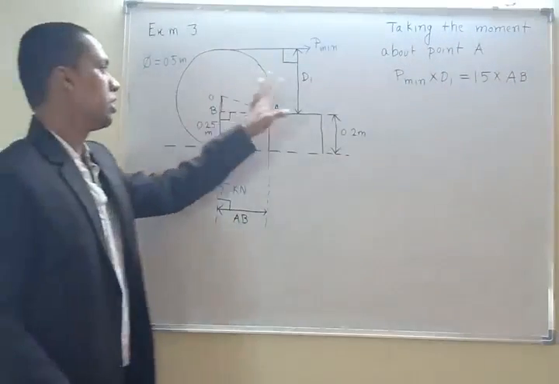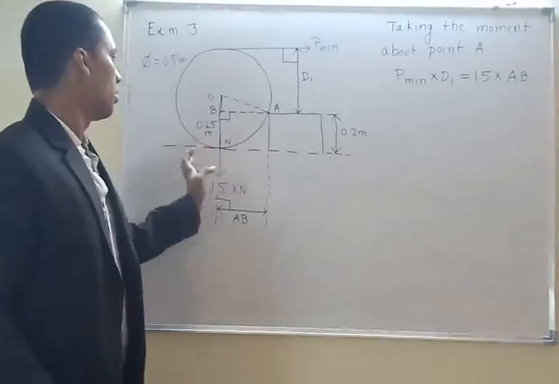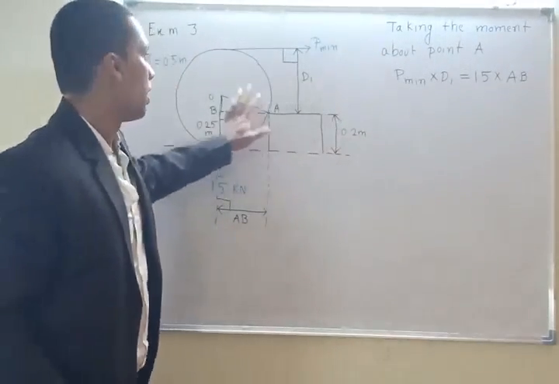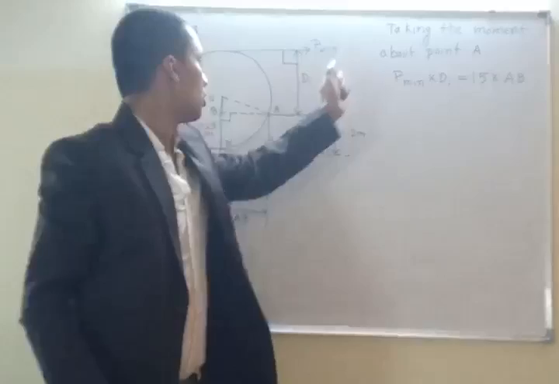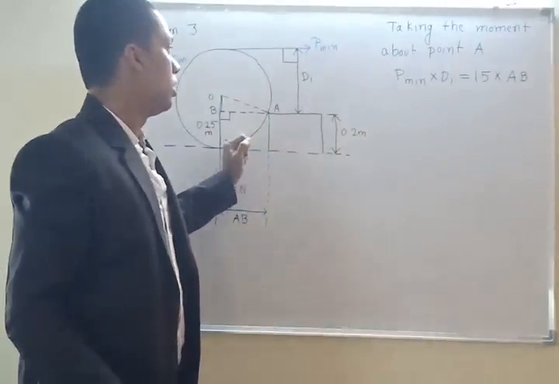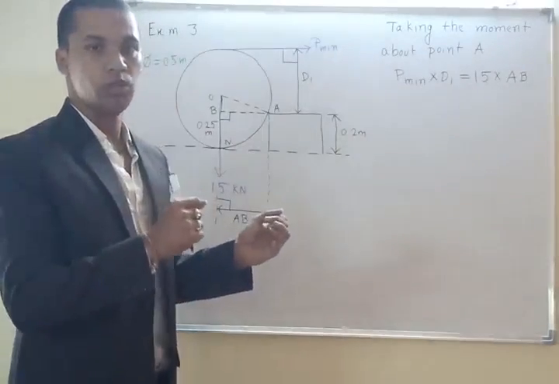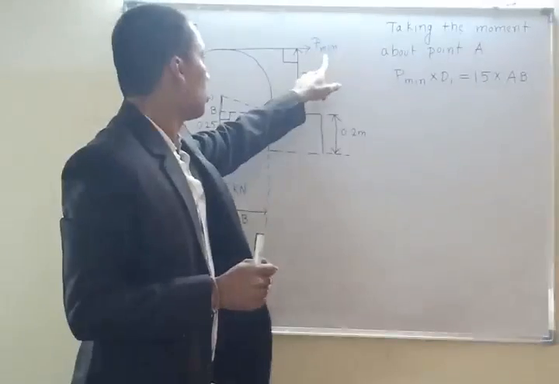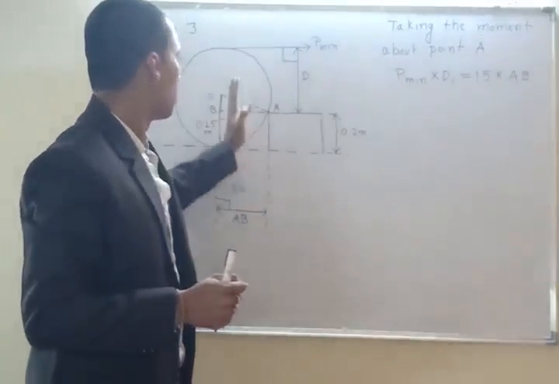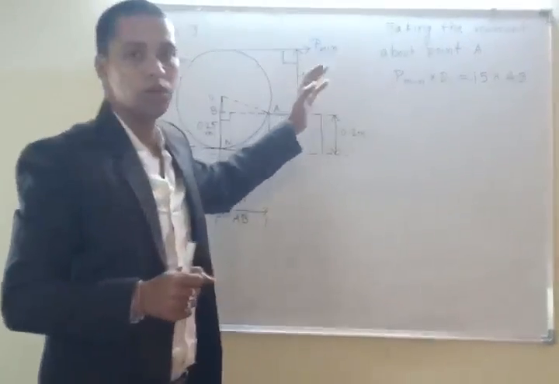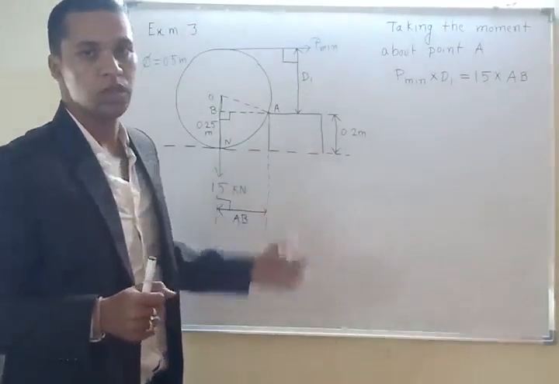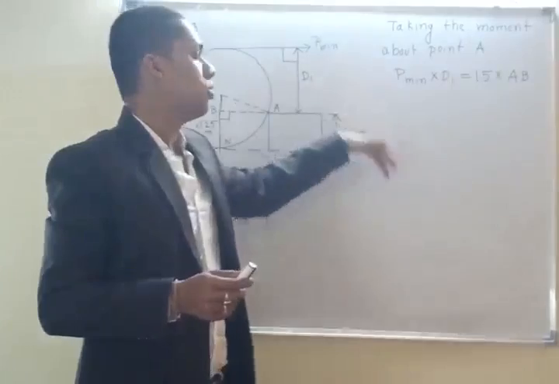Two forces are there and their moments should be the same. One is not letting it go up and another is trying to move it over the block. When this force will be just a little bit more than this, the moment of this will be a little bit more than the moment produced by this, then only it will move over the block.